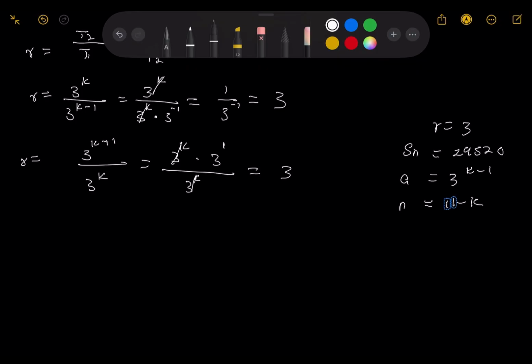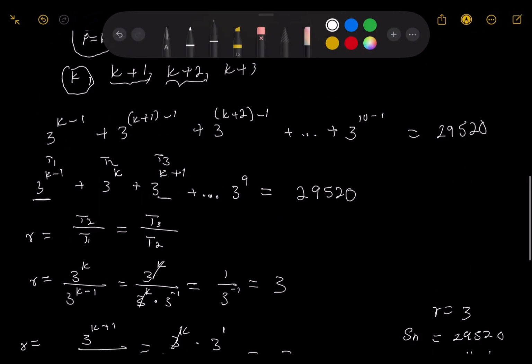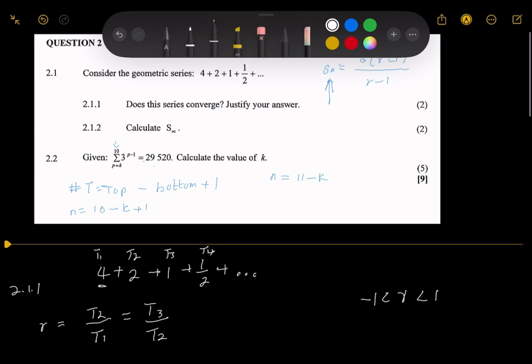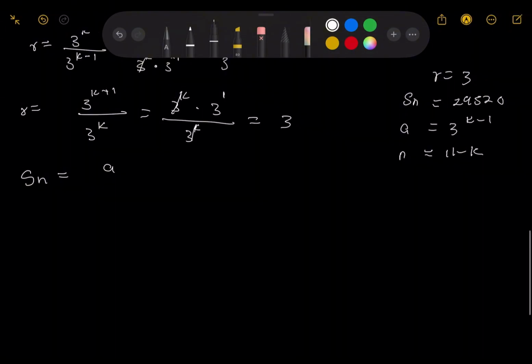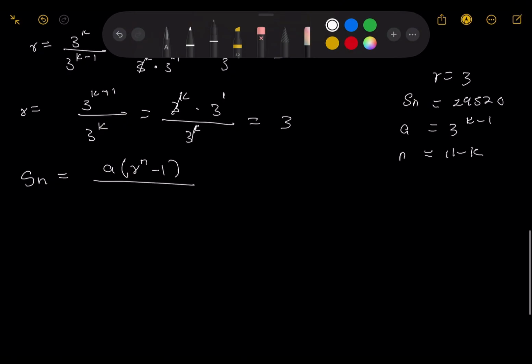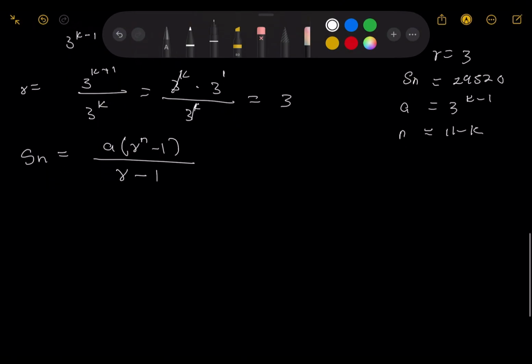We have our a, we have our S, we have our r. Let us substitute everything, rewriting that equation as S of n, which is equal to a times r^n minus 1, all over r minus 1.